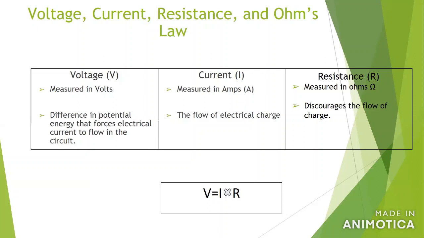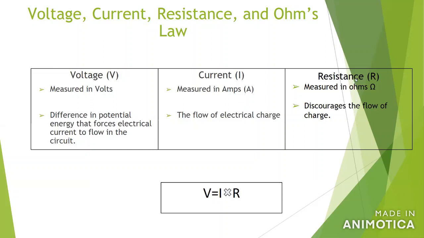So the altitude difference gives us the force to create a water current. So the voltage is the difference in potential energy that forces the electrical current to flow in the circuit, and current is the electrical charge flow.